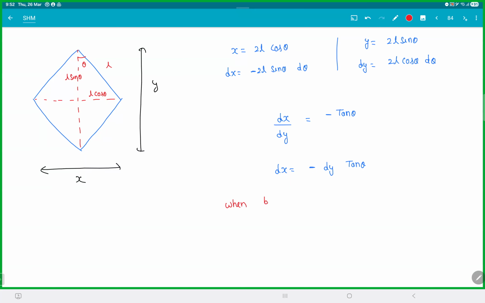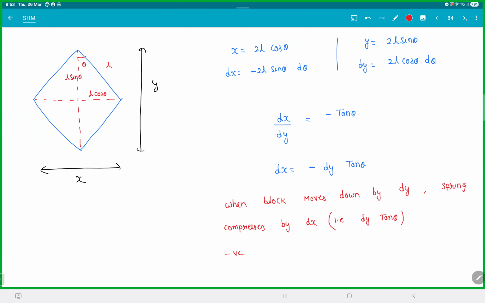So when the block moves down by dy, that means when you increase y by dy, then the spring compresses by dx. So the minus sign indicates compression, that x is decreasing. Spring compresses by dx, that is dy tan theta.